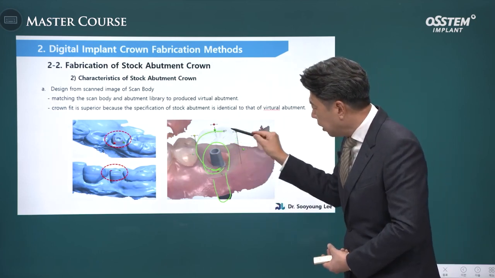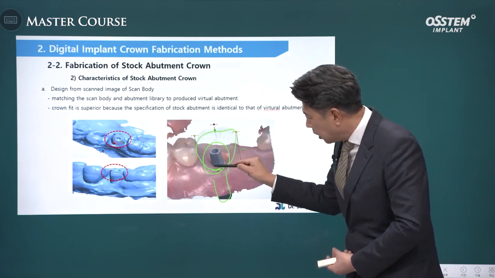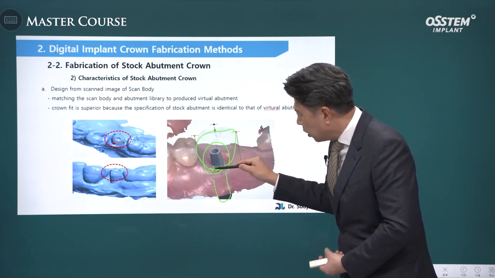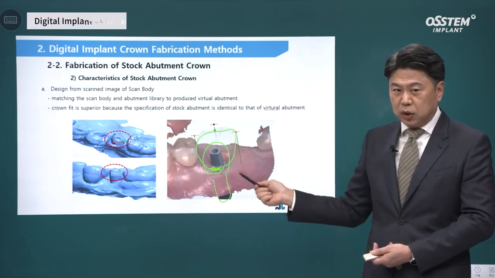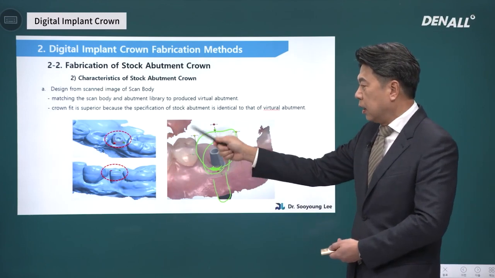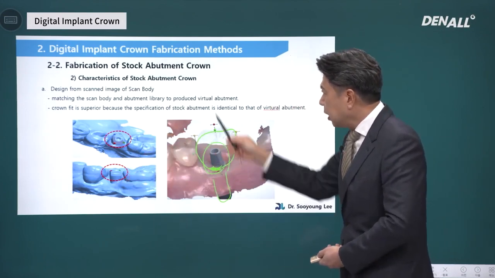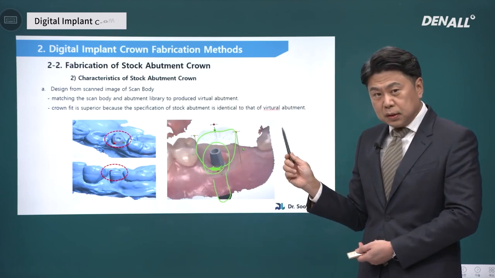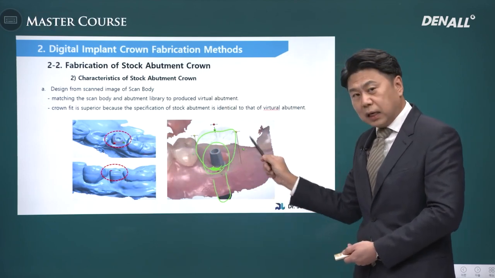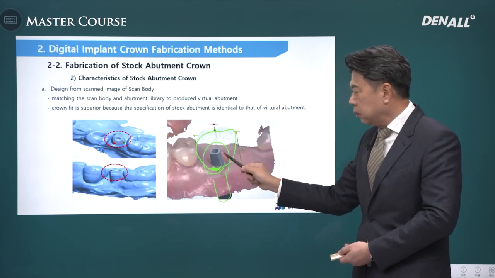Later, when the crown is designed, the crown can be designed perfectly fitting the margin below. Great advantage: even though a scan body and stock abutment are used, the advantage of a custom abutment is utilized here.